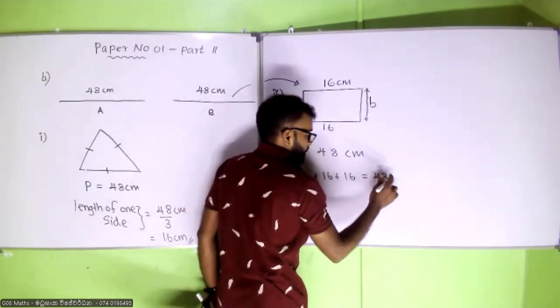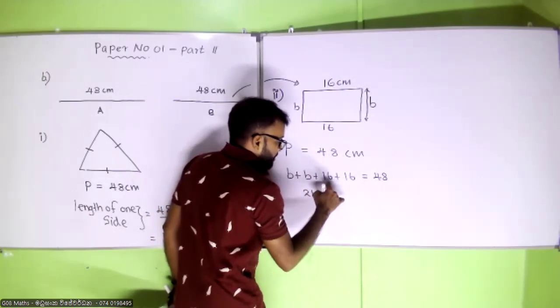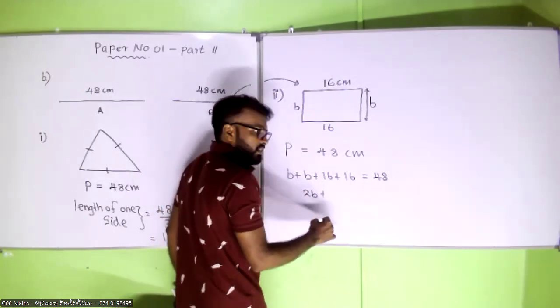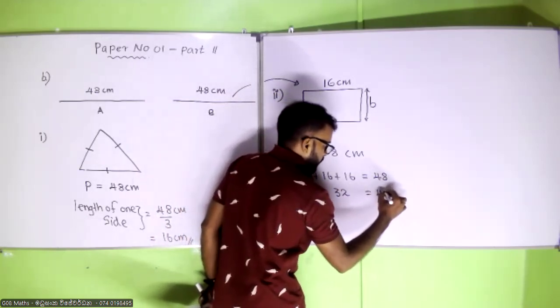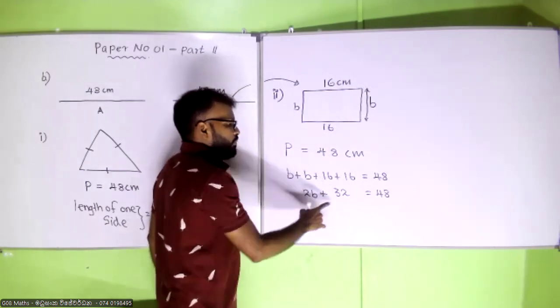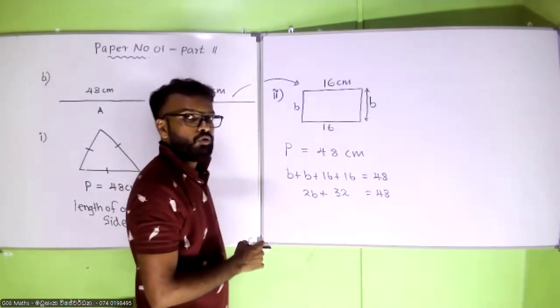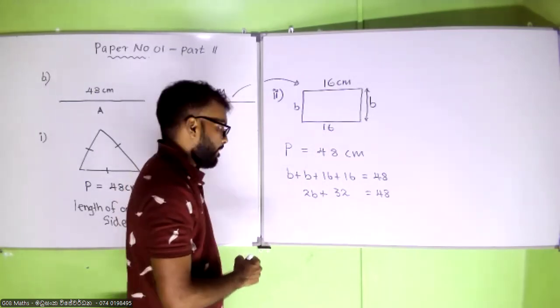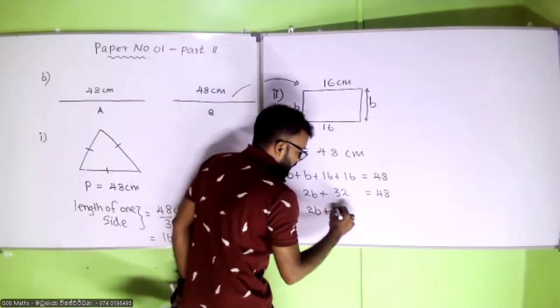So b plus b is 2b, and 16 plus 16 is 32, equal to 48. Now, if you want to find the value of b, what can you do for this 32? You are going to remove it by subtracting 32 from both sides.